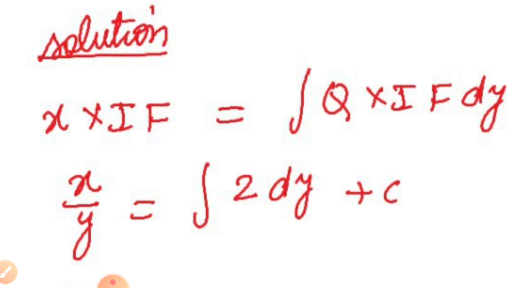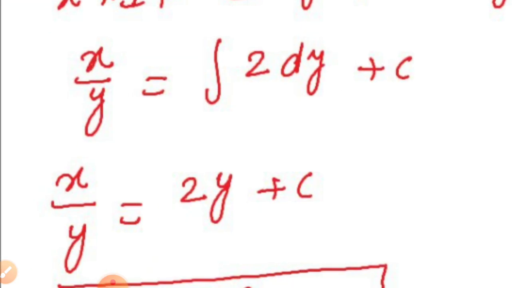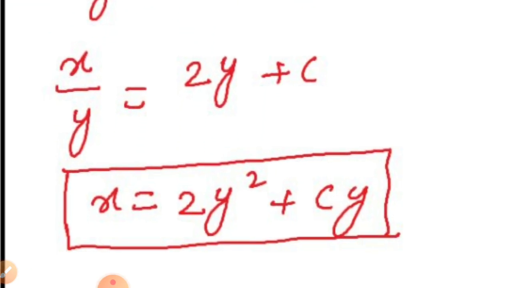So putting the value of integrating factor, that is 1 by y, we will have x upon y equals the integration of 2y times 1 by y, that is integration of 2 dy, plus c. The integration of the constant 2 will be 2y, so we have x upon y equals 2y plus c. y can be taken to the right hand side, then we will have the solution x equals 2y squared plus cy. So this will be the solution of our differential equation.